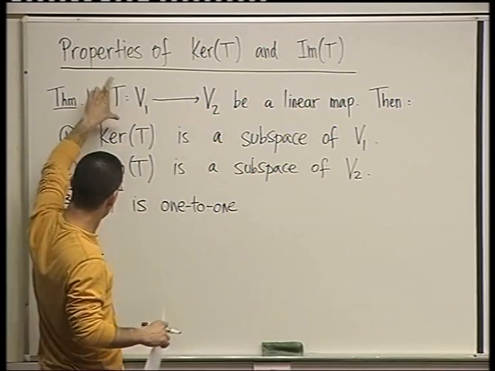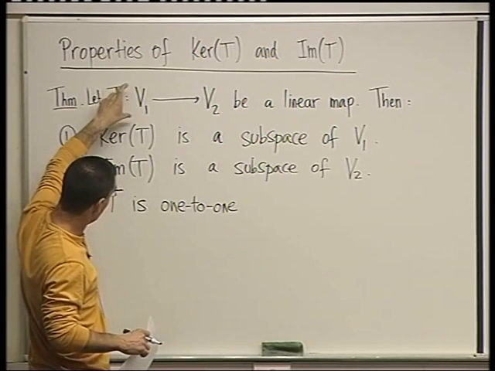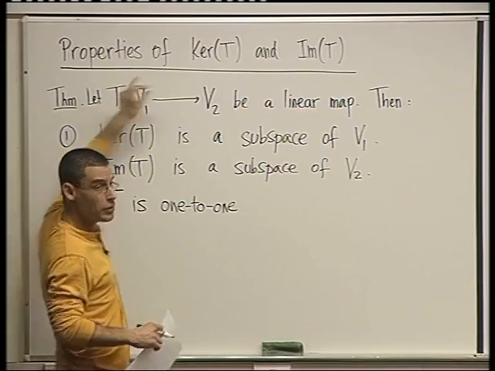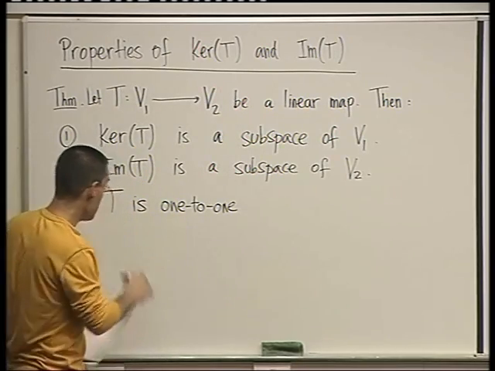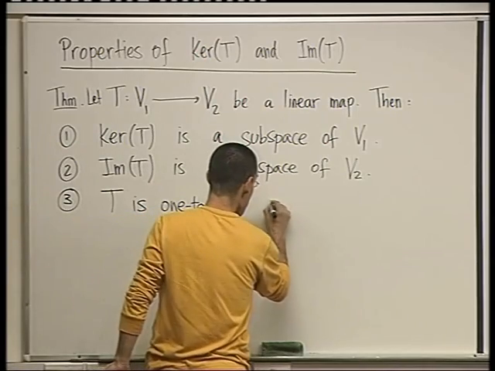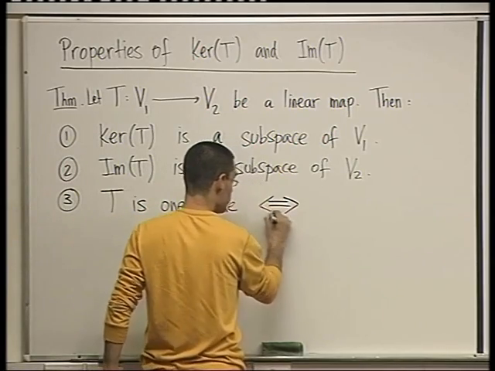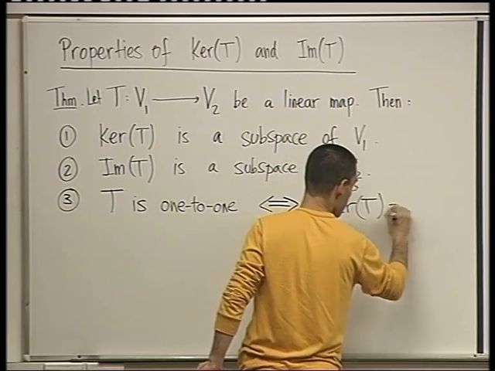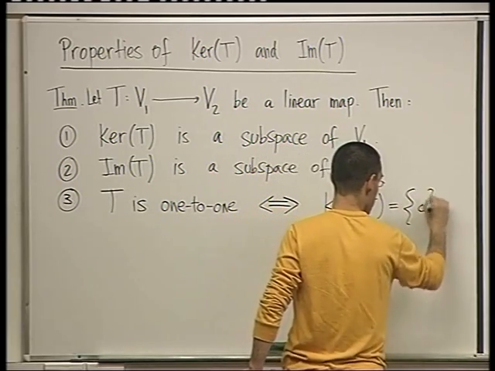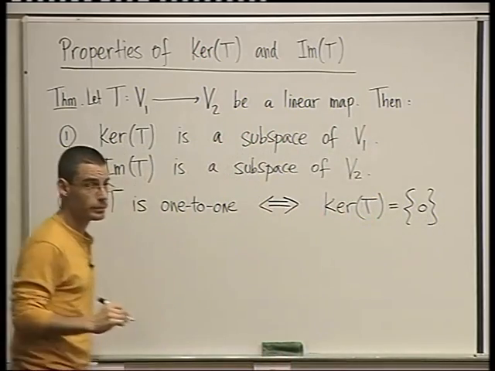It doesn't send 2 different elements in the domain to the same element in the range. T is 1-to-1 if and only if the kernel of T is 0, contains only the 0 vector.